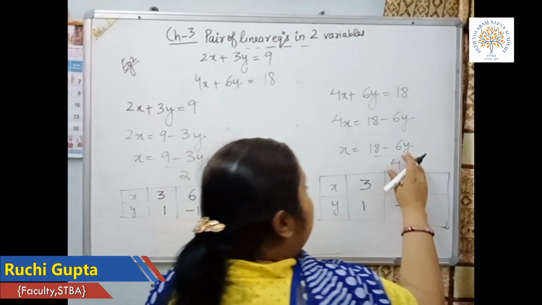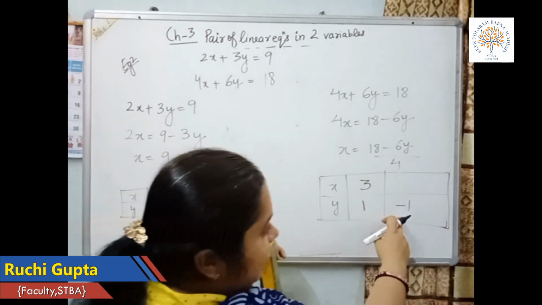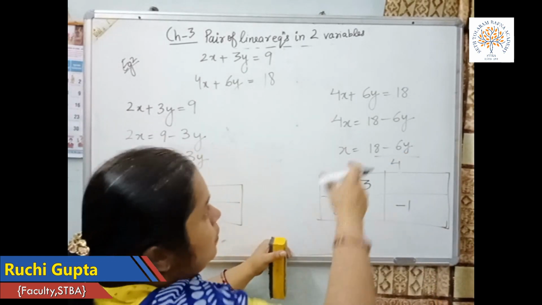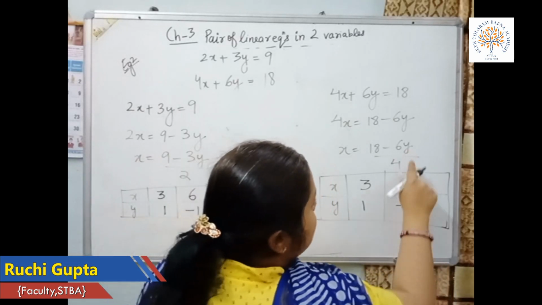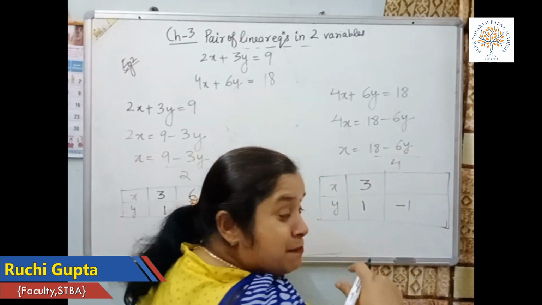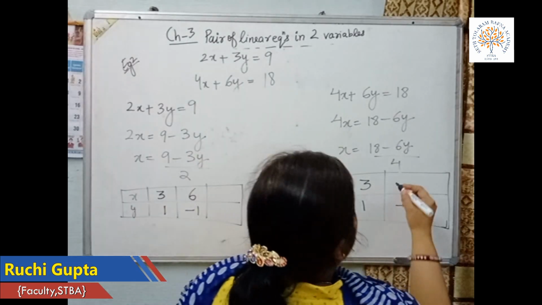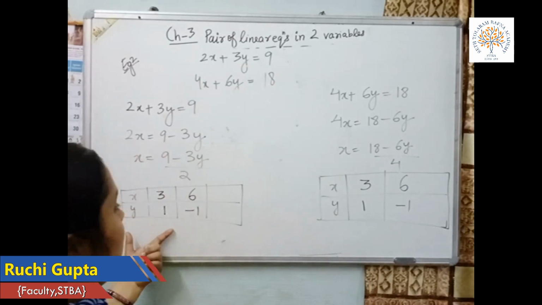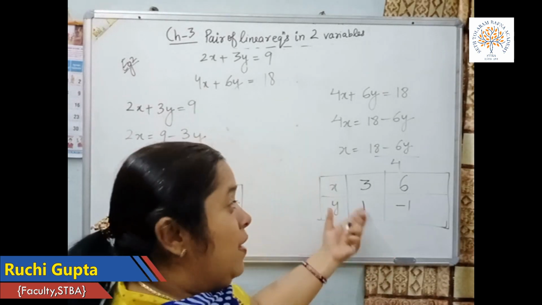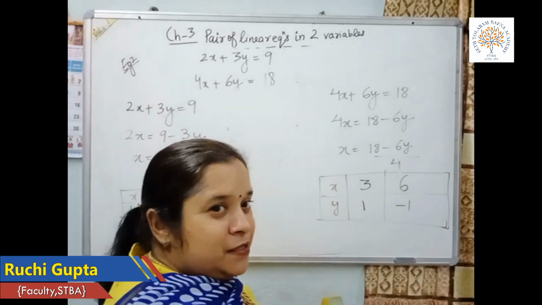Okay. If we take y as minus 1, I am taking the same point to show you the concept of coincident lines. If I take y as minus 1, then it is 18 plus 6, 24 upon 4. It is again 6. Students, can you see that both the points are same? So (3, 1) is a point, okay.